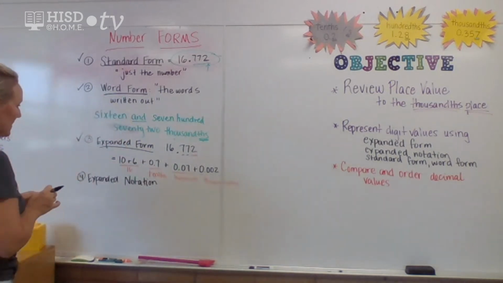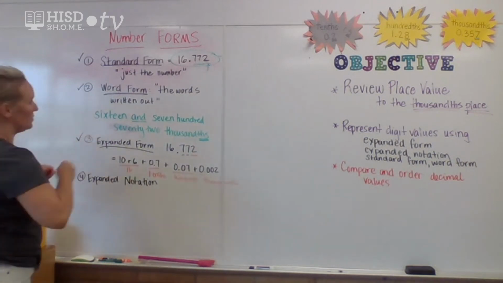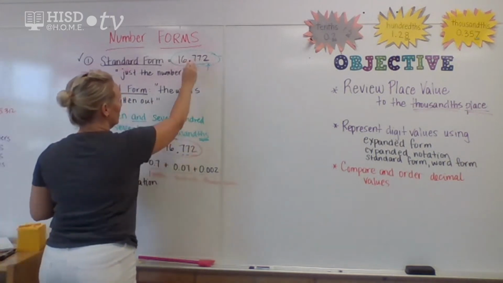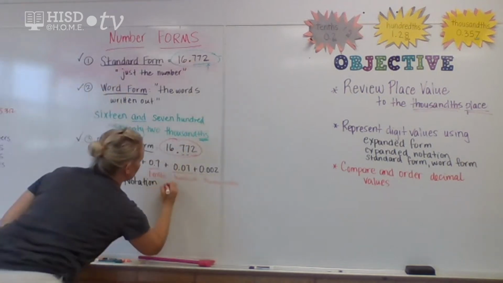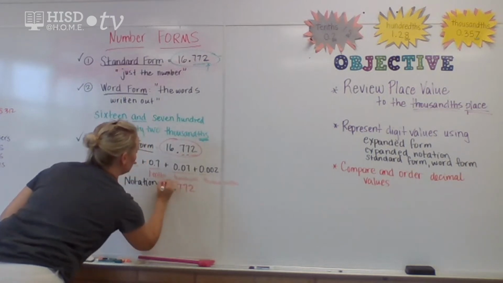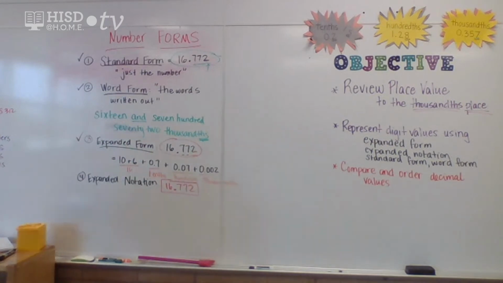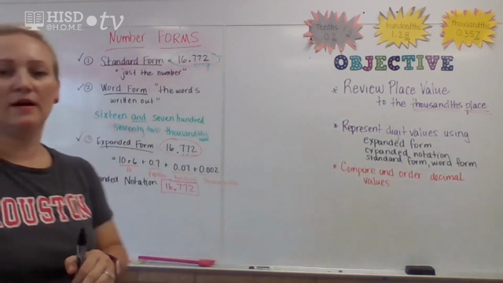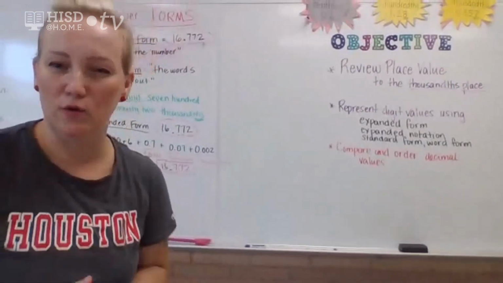So let's take a look at our number again. This time I'm going to make it bright red. So look, I'm just using the same number. I'm going to take my number 16.772. Here's my number. I'm going to put a big old red square over it. Okay. And then I am going to expand it out, taking notes.